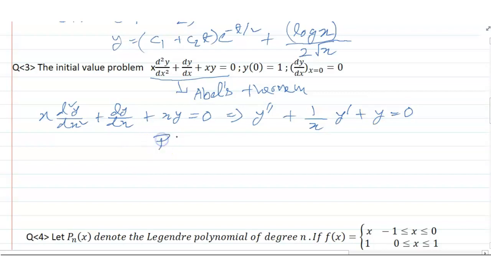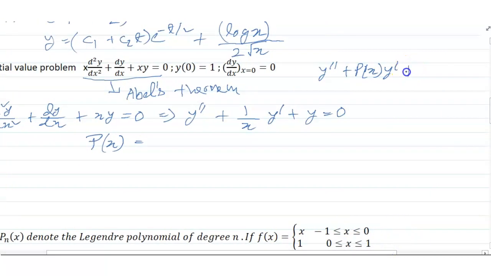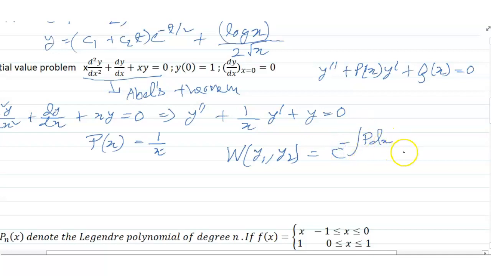So what is my px? If I consider this equation as y double dash plus px y dash plus qx is equal to 0, so my px value is 1 by x, and my Wronskian of y1 and y2 is equal to c into e to the power minus integral of p dx, and so it is c by x.